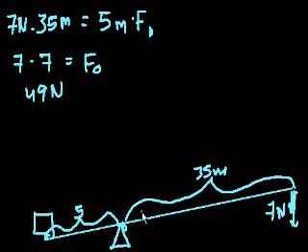And you can see that because the length of this side of the lever is 7 times the length of this side of the lever. So when you input a force of 7, you output a force of 7 times that. And of course, in order to move the block 1 meter up in this direction, you're going to have to push down for 7 meters. And that's where we know that the input work is equal to the output work.